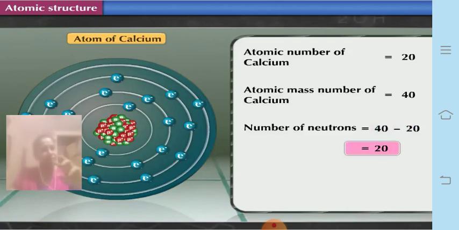The conventional method of writing the element symbol is that the symbol is written in the middle, the mass number is written up, and the atomic number is written down. A is the superscript, Z is the subscript. So remember these things which we have learned in this video today.